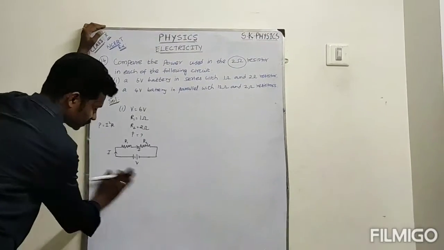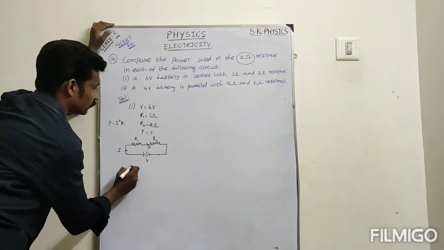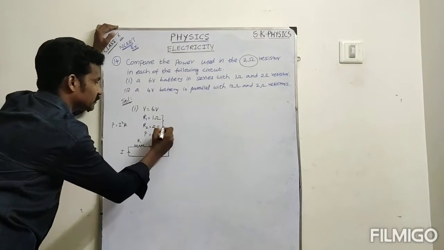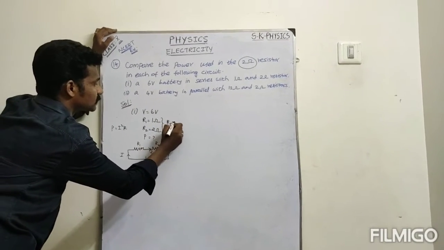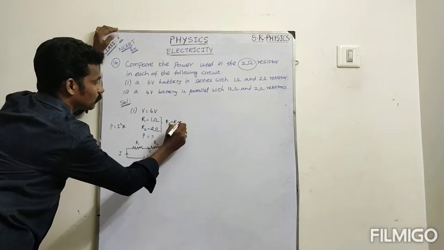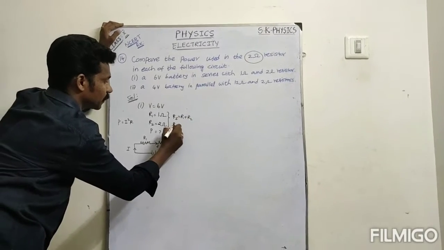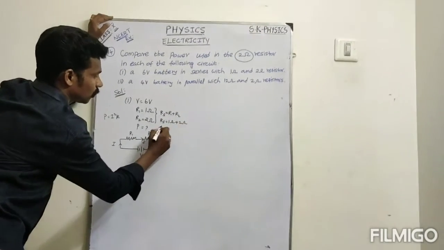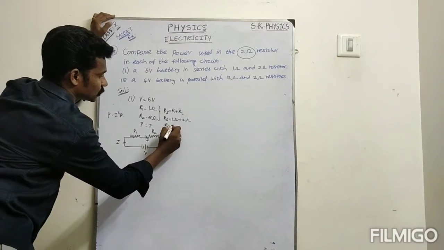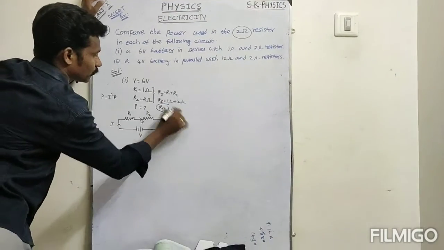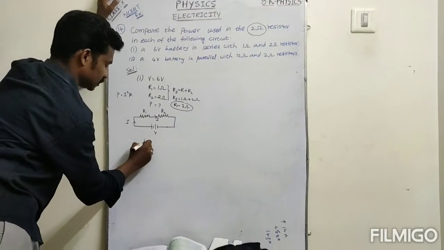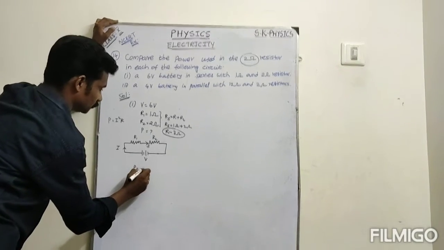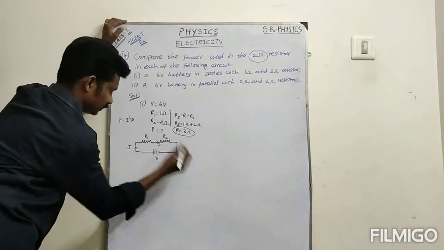So now I calculate the current value first. Therefore the effective resistance Rs is equal to R1 plus R2, because it is in series connection. Therefore Rs is equal to 1 ohm plus 2 ohm, so Rs is equal to 3 ohm. Now we can calculate the current value.